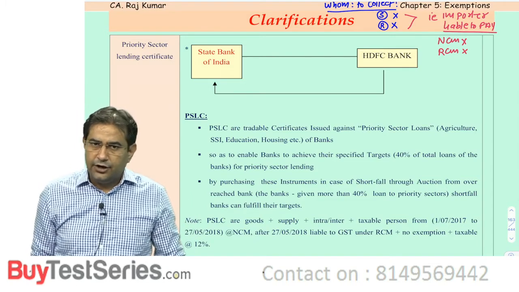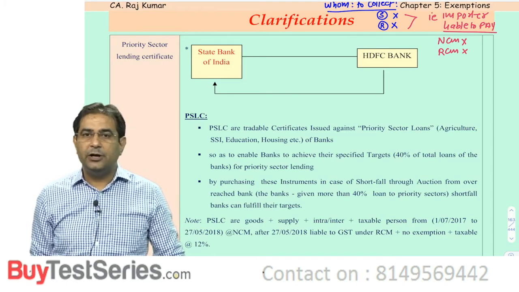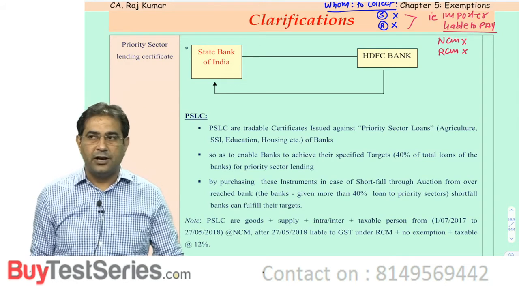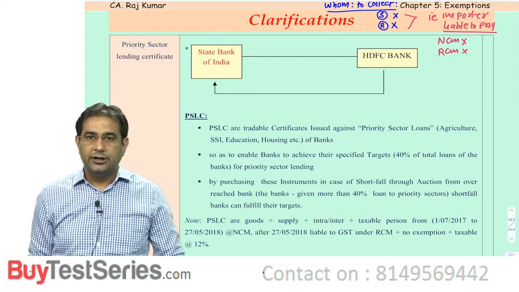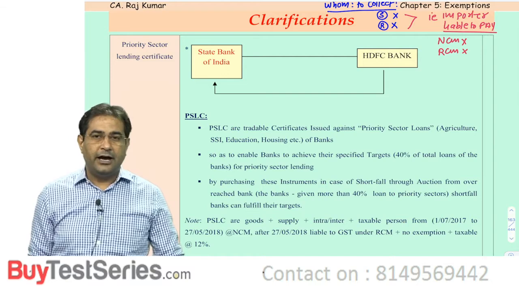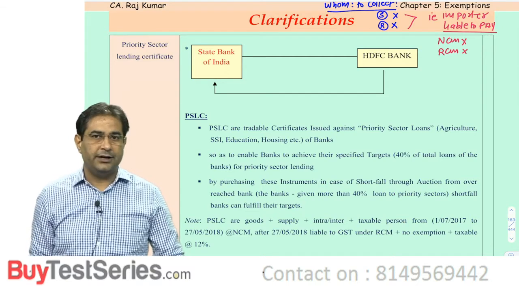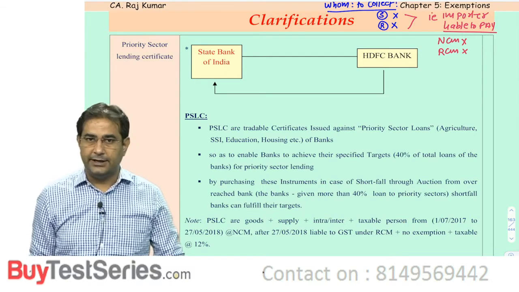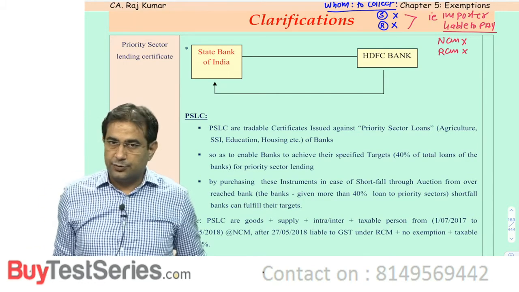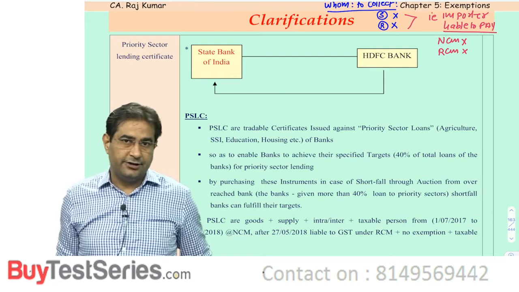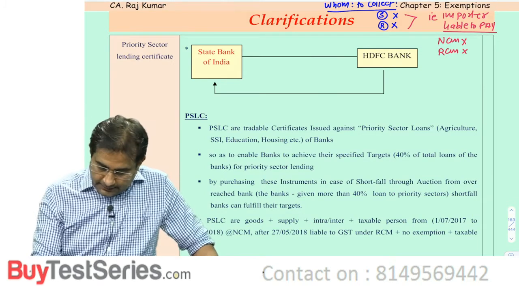And if any bank is not able to achieve the target for lending to priority sectors of at least 40%, then the bank has to face a huge penalty from the Reserve Bank of India. So what will happen in this particular situation? And what is the GST treatment here?